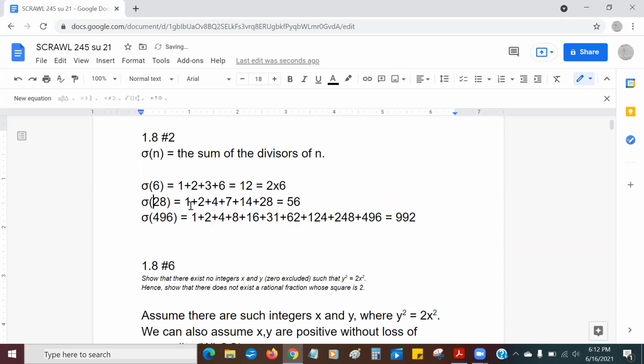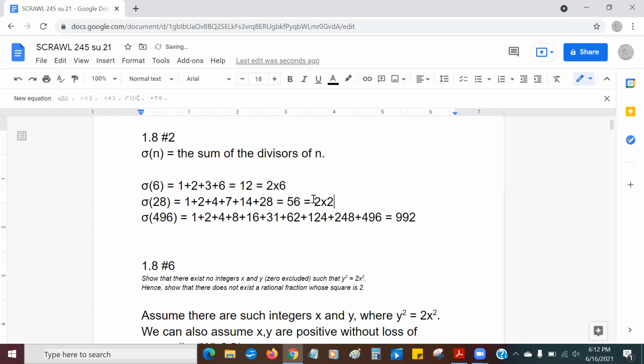And for 28, well, the divisors of 28 are 1, 2, 4, 7, 14, and 28. If you add that all up, 1 plus 2 plus 4 plus 7 plus 14 plus 28, that equals 56, which also for you math geniuses out there is equal to 2 times 28.